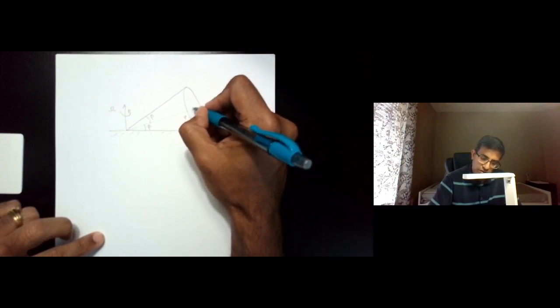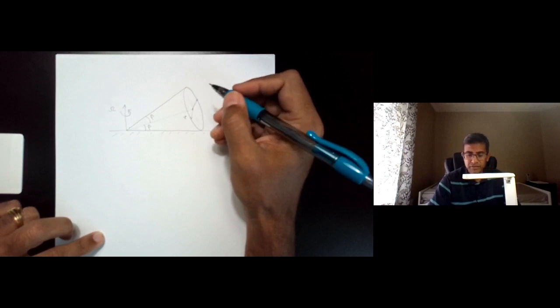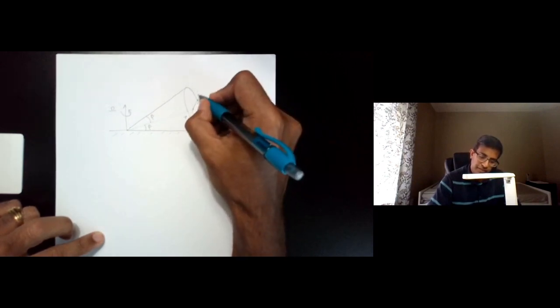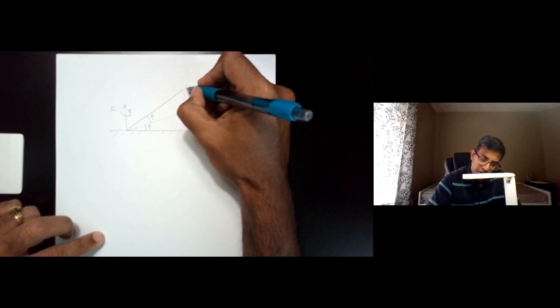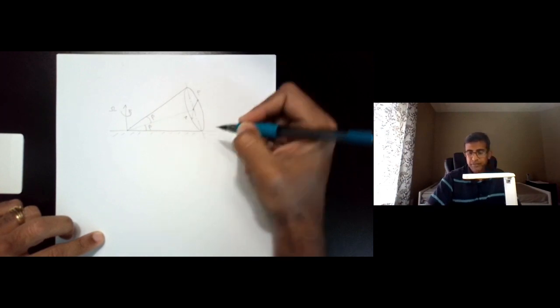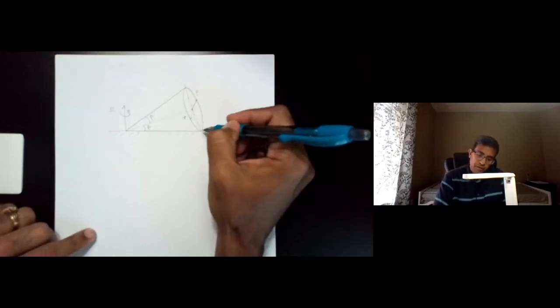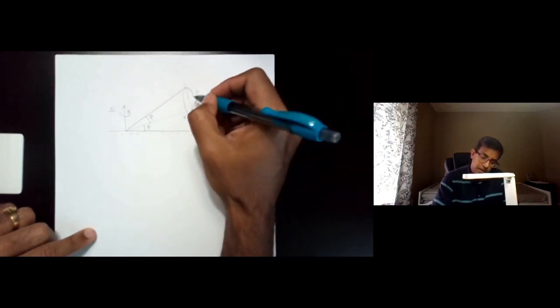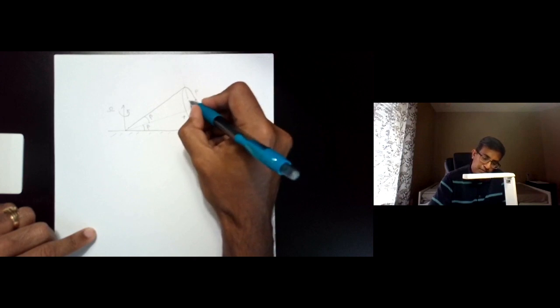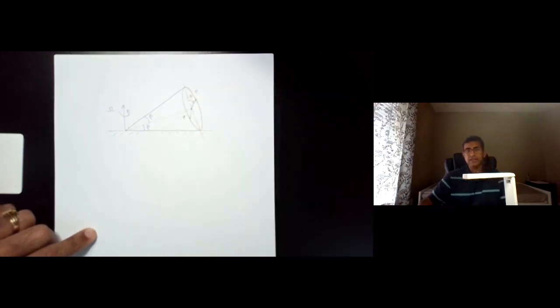At an arbitrary instant there is a point P on the circumference of the base circle, and let's say that with respect to this diametrical line that we draw from the point of contact of this circle to the topmost point, using that as a reference, the angle that the point P makes is phi at an instant.